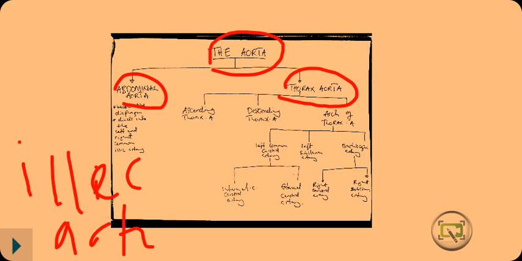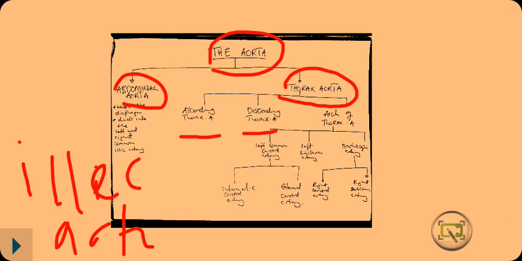Then our main focus is the thoracic aorta, which divides into three parts. We've got the ascending thoracic aorta, and we have the descending thoracic aorta, which, when it goes down below the diaphragm, becomes the abdominal aorta.